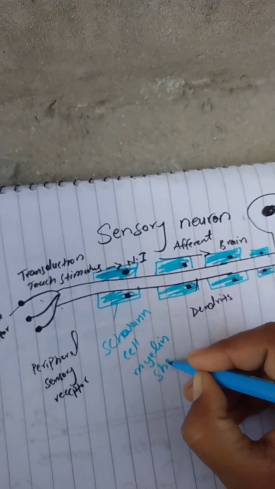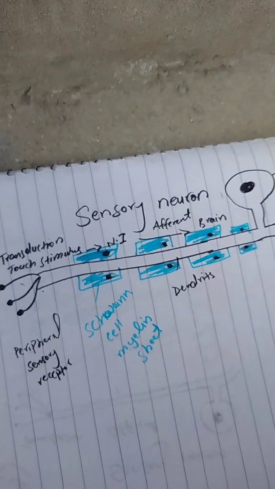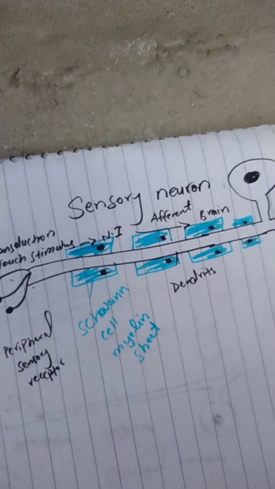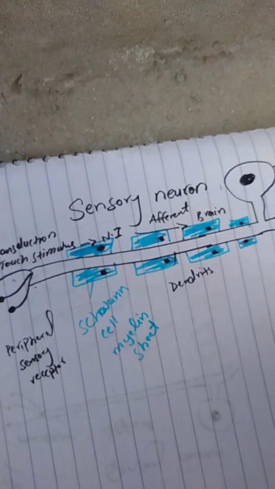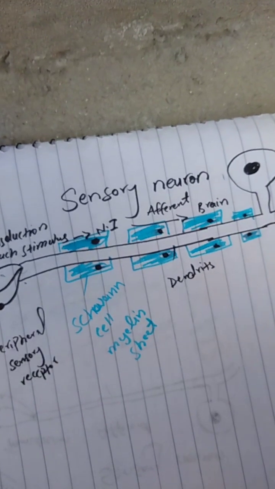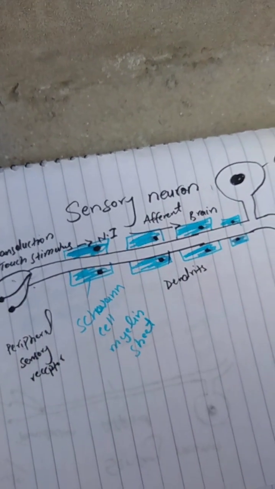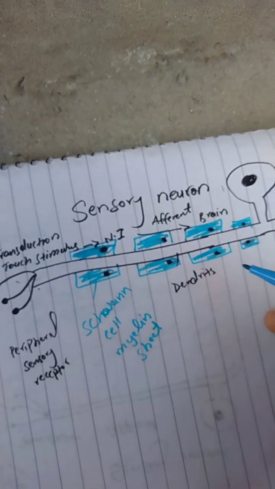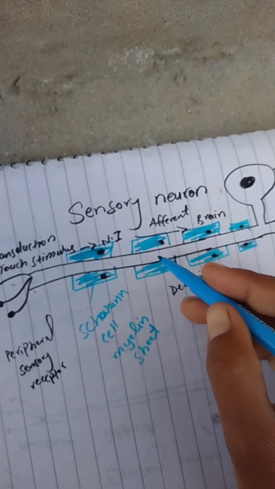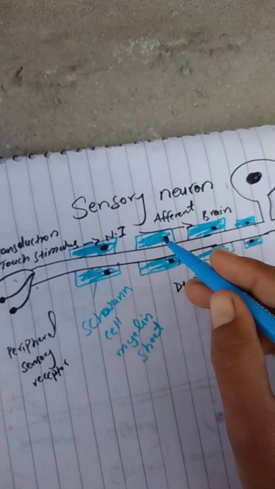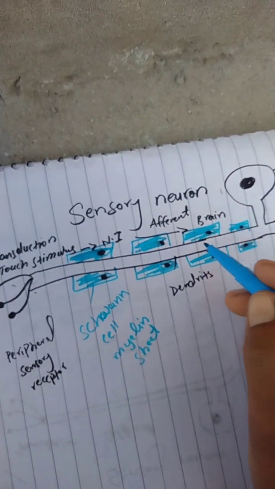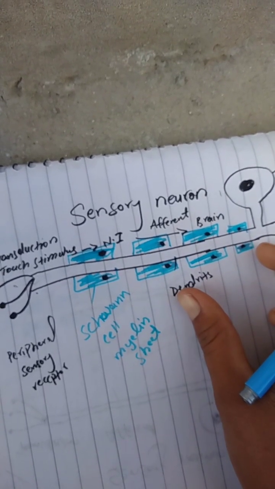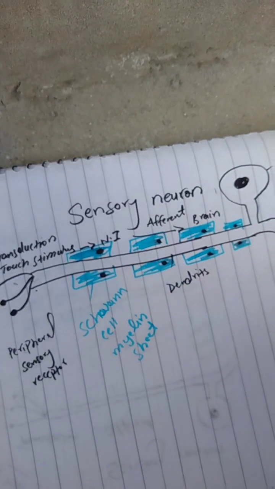The myelin sheath is a fatty sheath. Schwann cells secrete the fat. This fat is produced from the Schwann cell, and it protects, nourishes, and speeds up the nerve impulse.